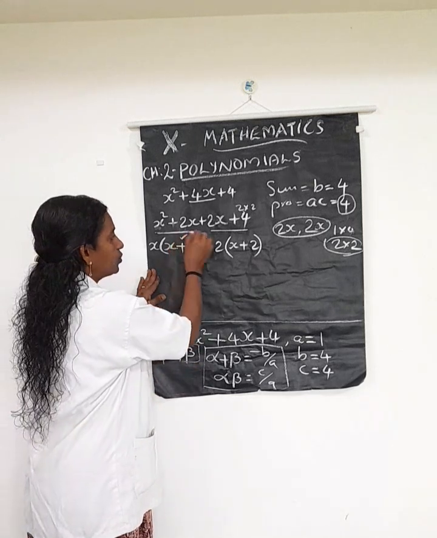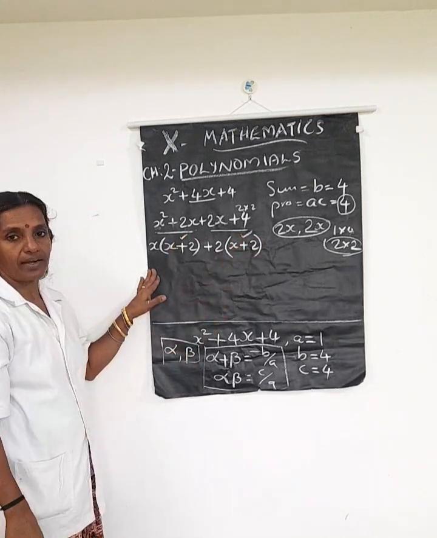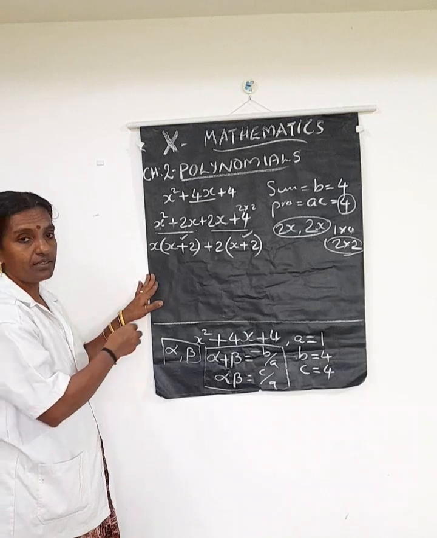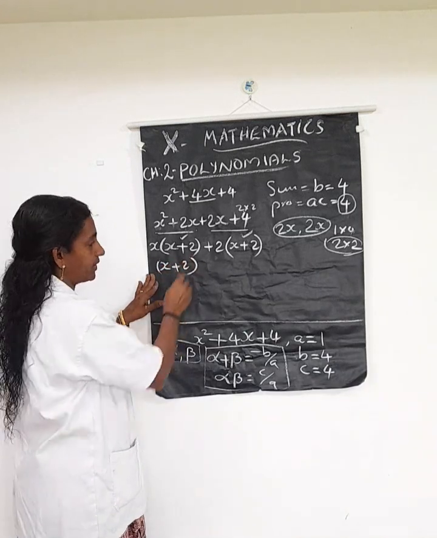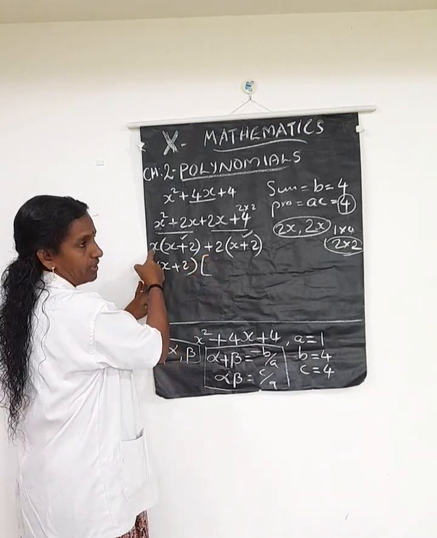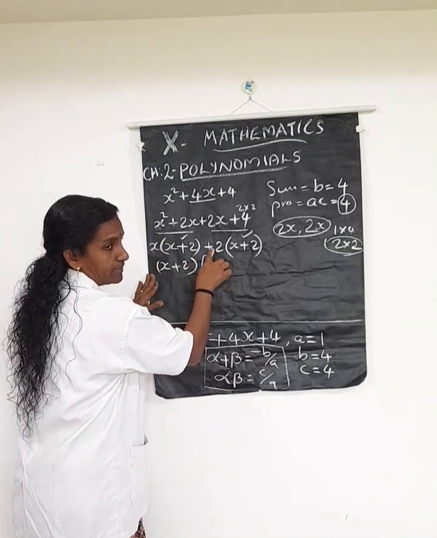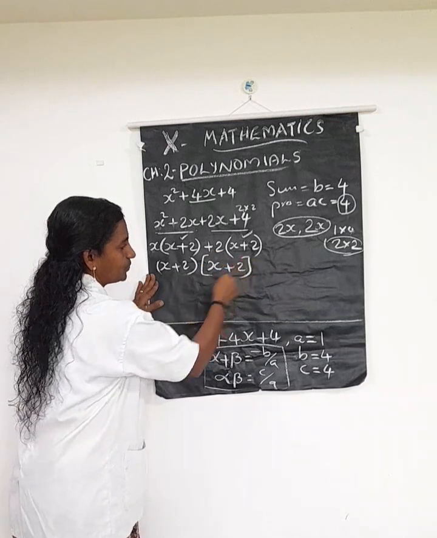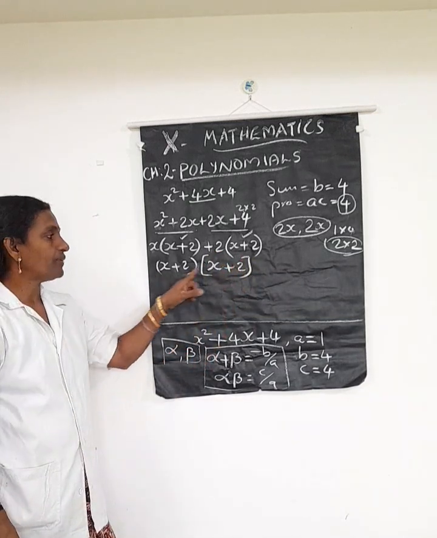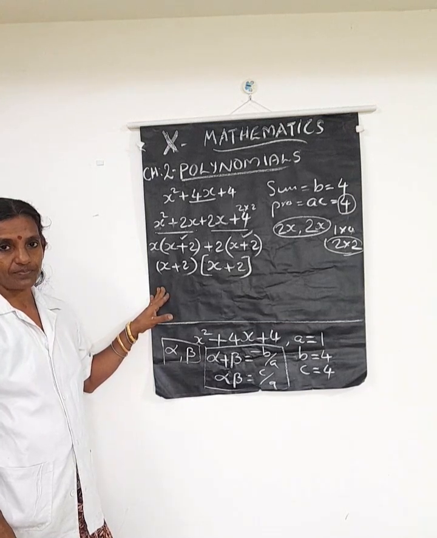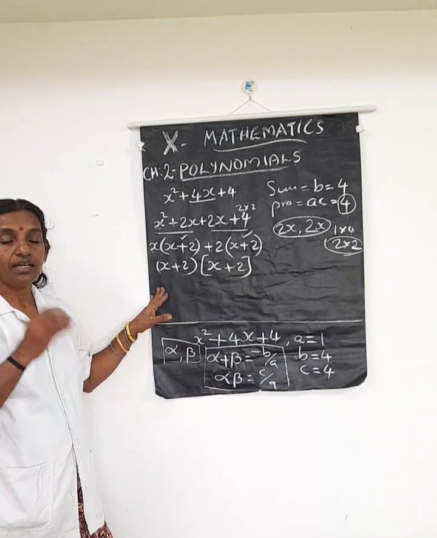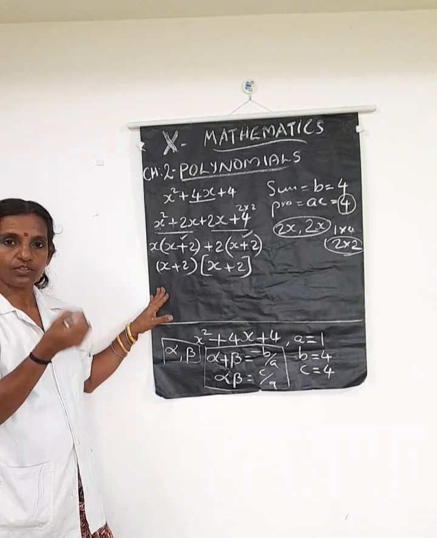Now x plus 2 in the bracket, here also x plus 2 in the bracket. That you can take outside. So x plus 2, one factor you got as common factor. Then what is remaining? X plus 2. So the 2 factors you got: x plus 2 into x plus 2. How to find the zeros? Equating each factor to 0.